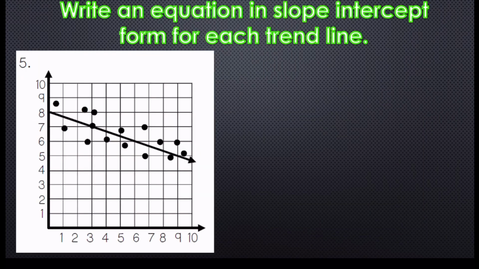So let's look at this one. We're going to write the equation in slope-intercept form for each trend line. If I take a look at this one, we're going to find my slope and we're going to find my y-intercept. I personally like to find b first. Where does that line touch the y-axis? Well, it's at 8, so my b is 8. It said pick any 2 points.